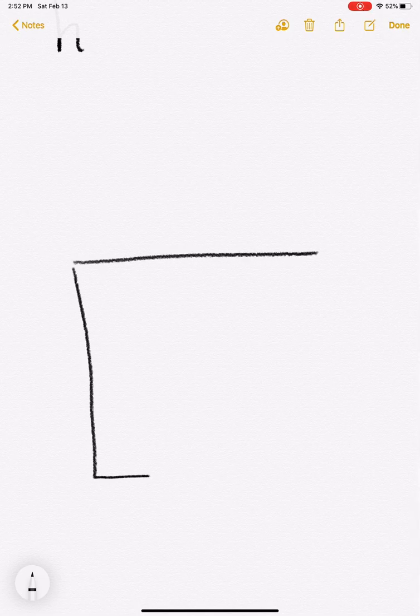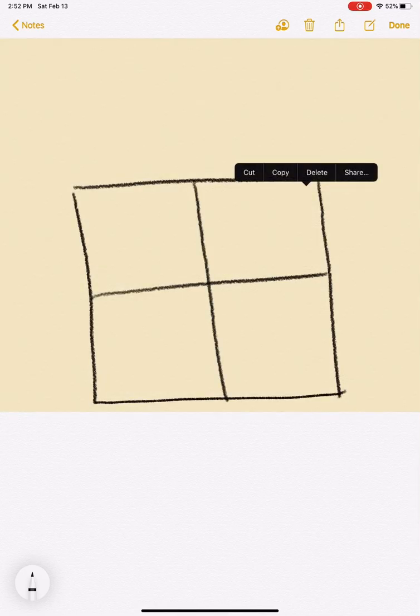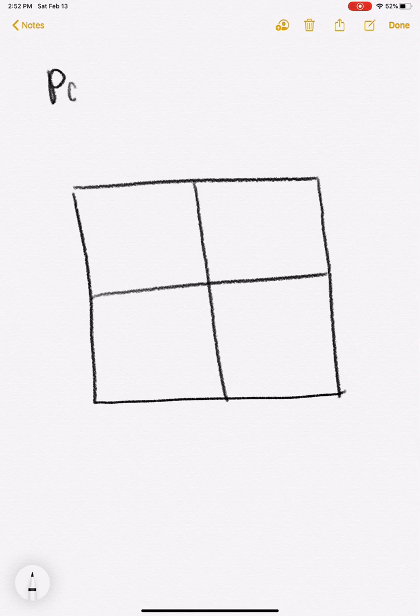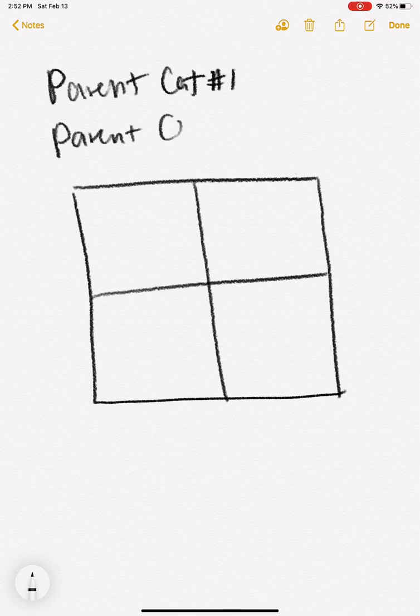Let's say we have two cats that are going to have kittens. Let's say we have parent cat number 1 and parent cat number 2, okay? So let's say parent number 1 has blue eyes.